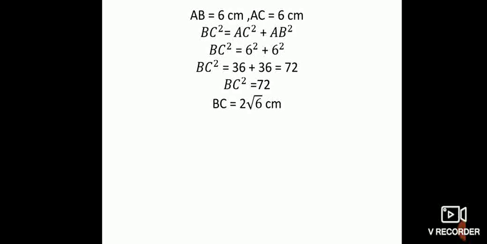Put the values of AC and AB. We can write BC square is equal to 6 square plus 6 square. Simplifying this, BC square is equal to 36 plus 36 is equal to 72. It means BC square is equal to 72. Taking the square root of both sides, we can write BC is equal to 6 under root 2 centimeters.